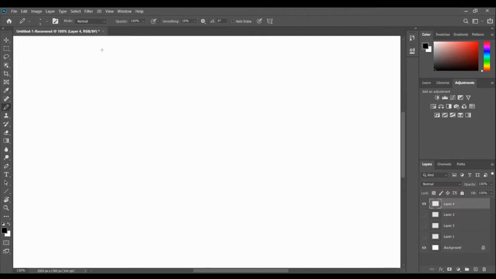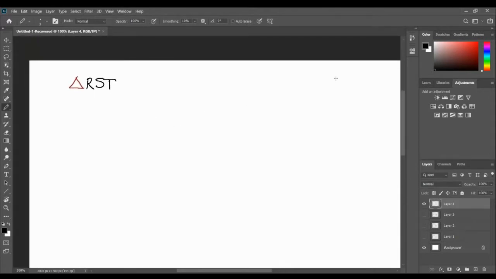Let me zoom in just a little bit here. Triangle RST, I am given that R is 3.5, S is 4.7, and T is 2.8.